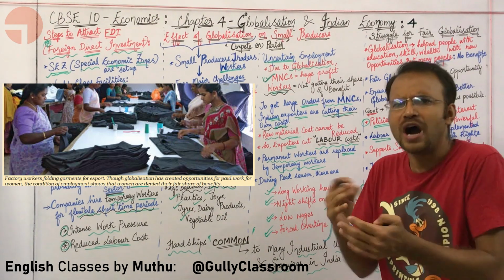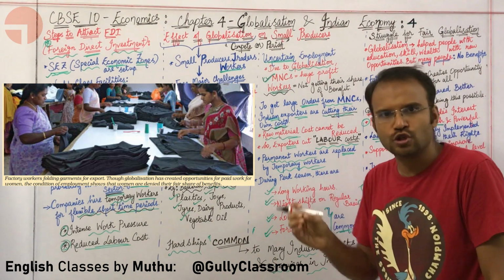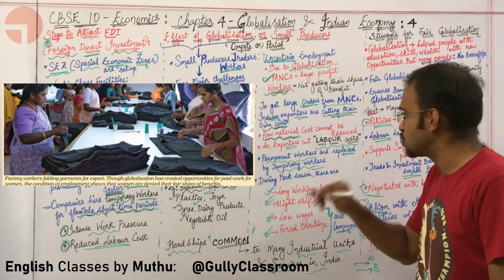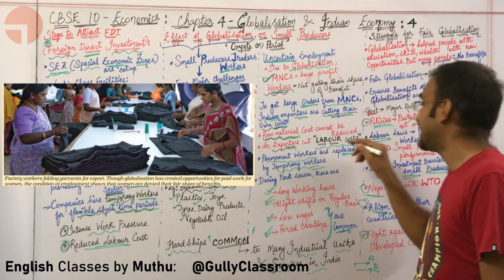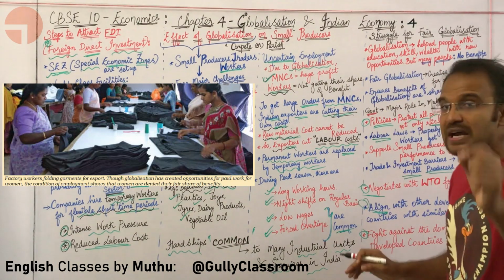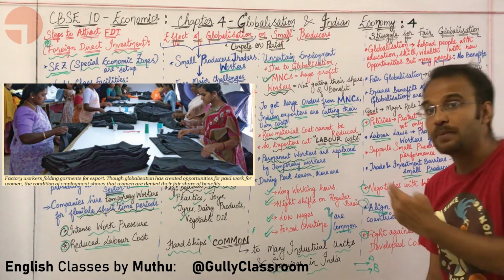Okay, so how are the local producers and exporters going to produce goods at lesser price? The raw material cost cannot be reduced, so the exporters are cutting their labor costs. The permanent workers are replaced by temporary workers.